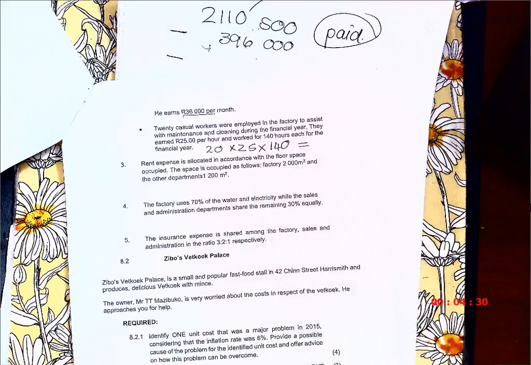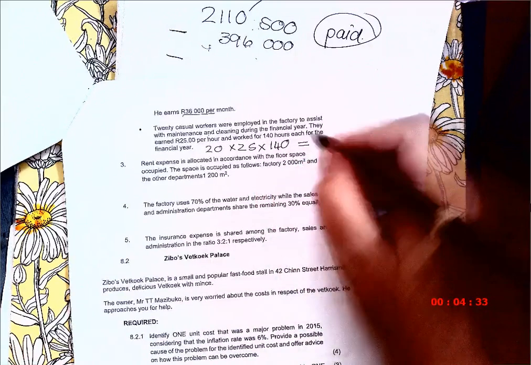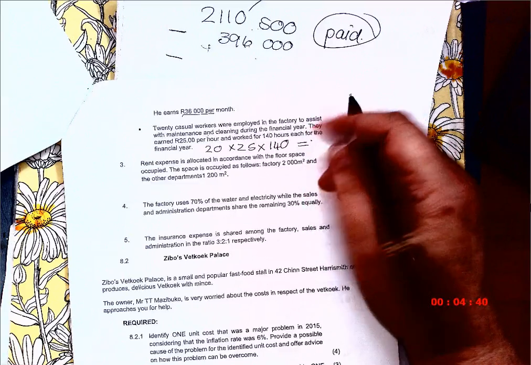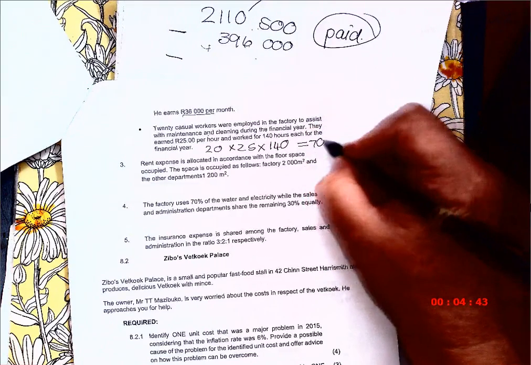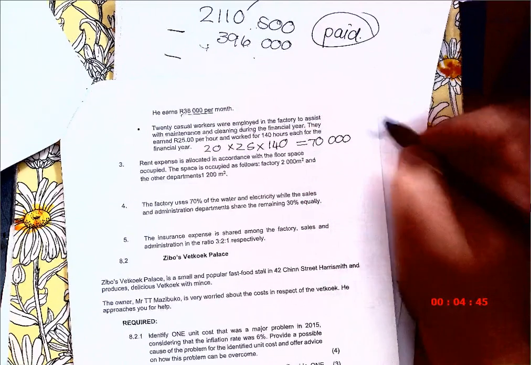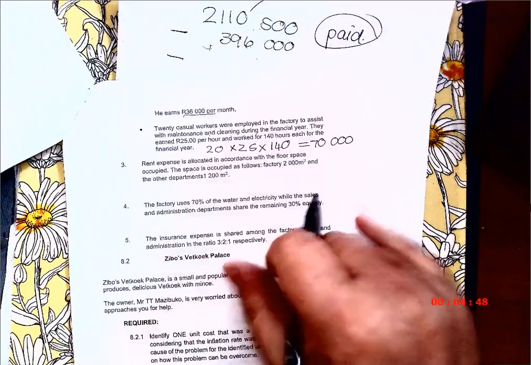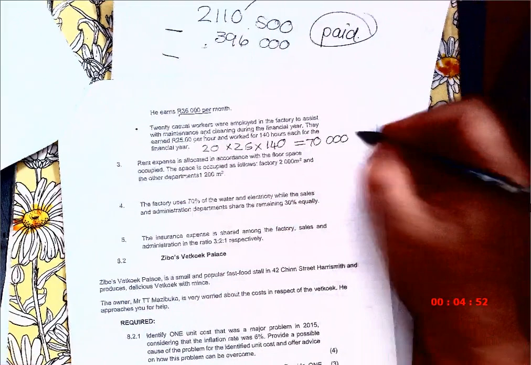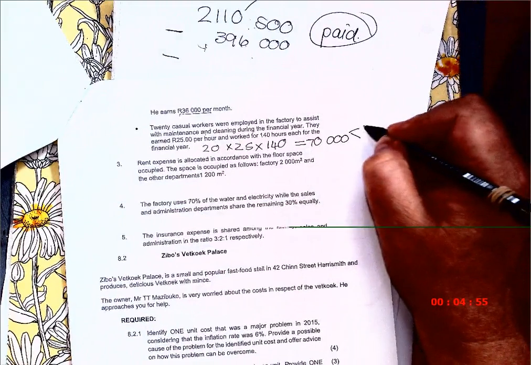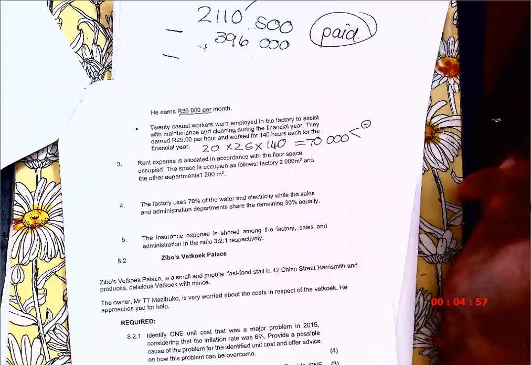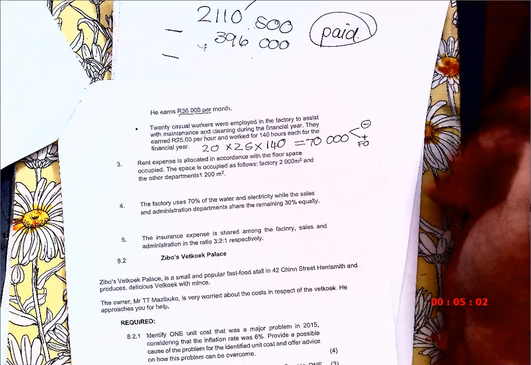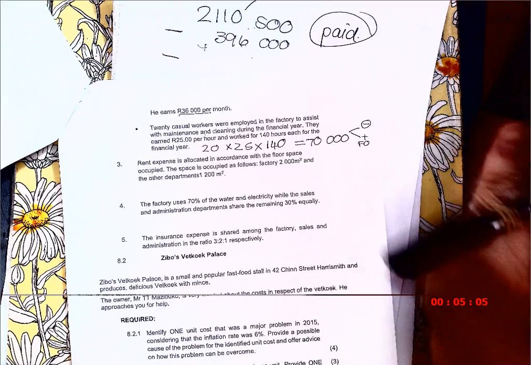So how much did they earn? 70,000. Okay, now, since they don't tell me what was paid and what was accrued and all of that, we assume everything was paid. Okay, so this is now going to be subtracted to get the direct labor, and added to the factory overheads. Okay? Do you guys see what I'm doing?